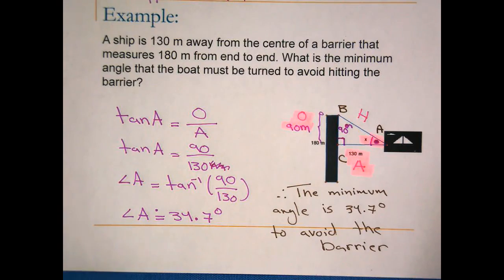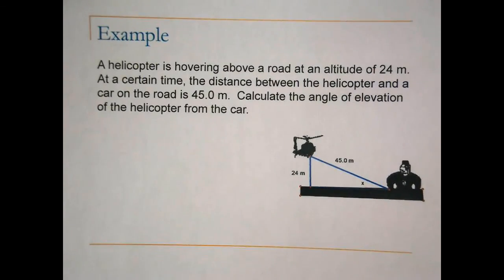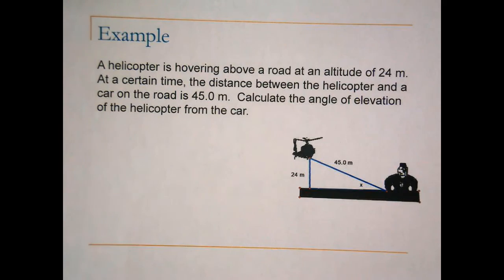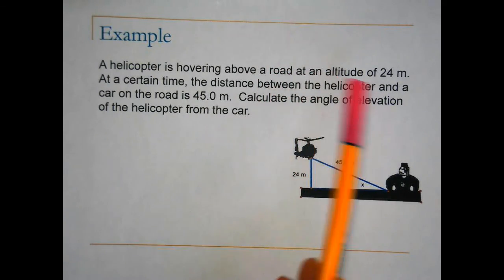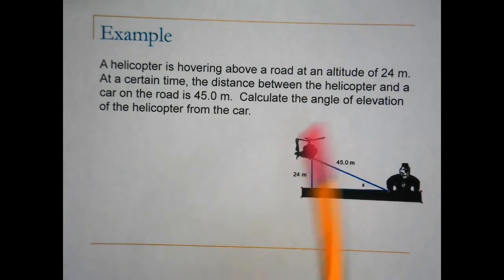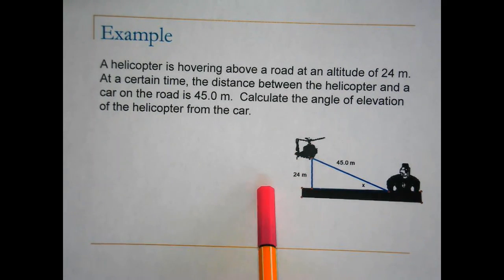Okay, let's finish with the last example for today. A helicopter is hovering above a road at an altitude, or height, of 24 meters. So that's how high the helicopter is above this road.